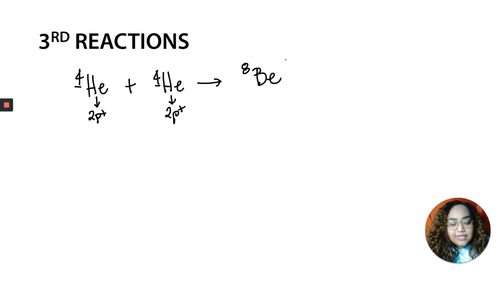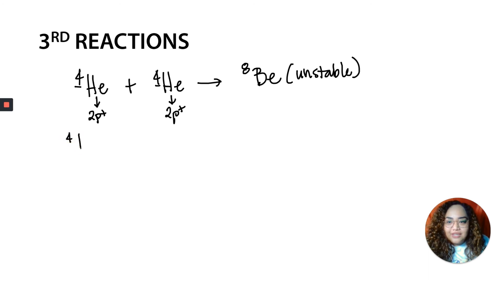But let's establish that beryllium does not have an atomic mass of 8. So this becomes unstable. Now, what happens here? If it becomes unstable, it will just break down into its components, into 4 helium and 4 helium. So it will just go back to being 2 4 heliums. That's it. That's pretty sad, isn't it?